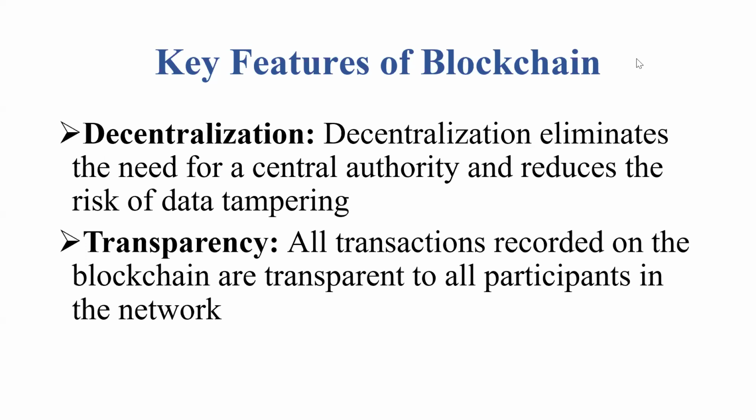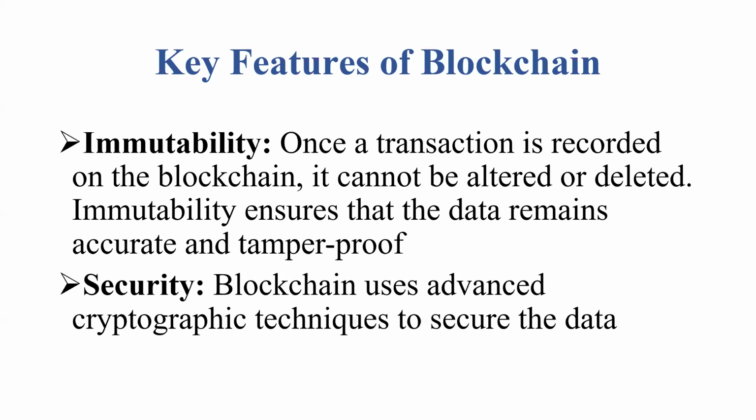And transparency is a feature of blockchain because all transactions recorded on a blockchain are transparent to all participants in the network. Other key features of blockchain are immutability and security.